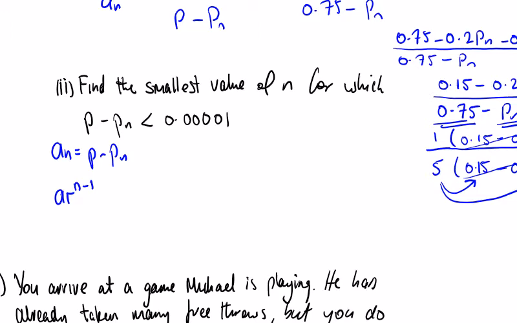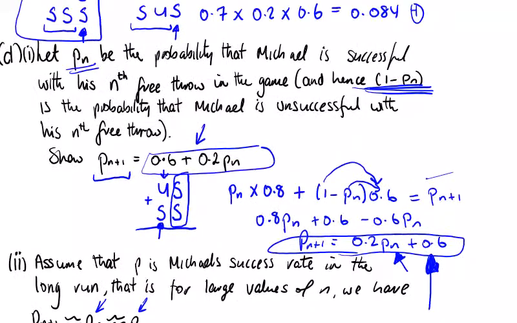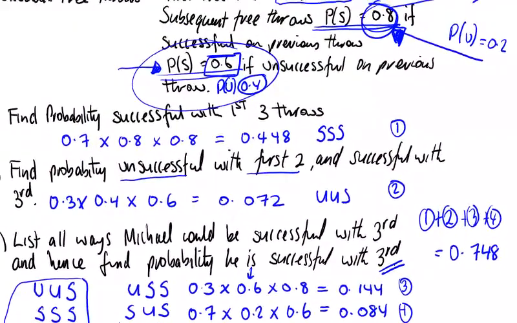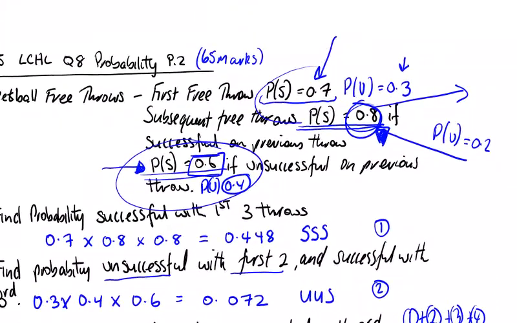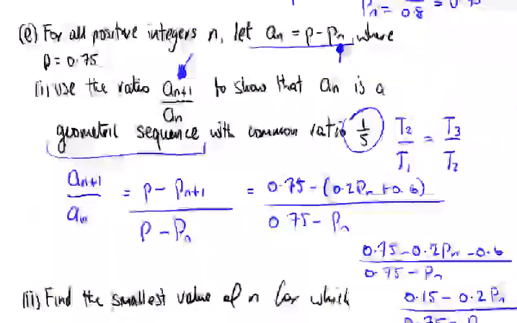So we need a, which is the first term, a_1. That's my first term of this sequence, p minus p_1. So I need my probability of success on the first one, which I can't remember. What was the probability of success on the first one? 0.7 was the probability of success on the first one.